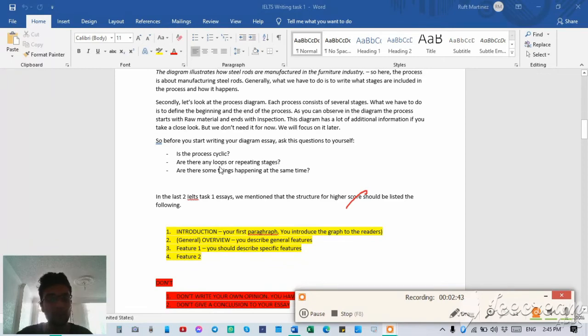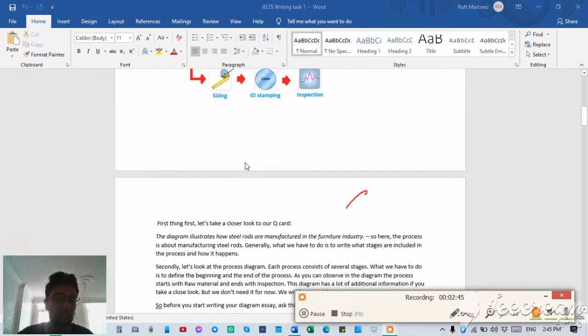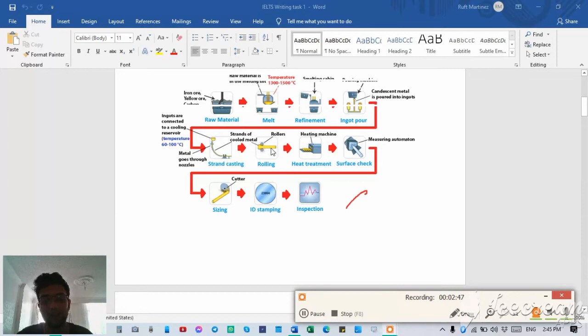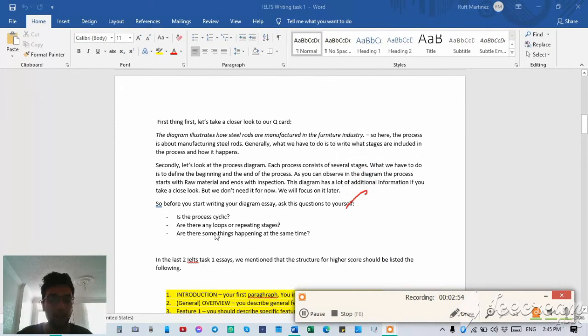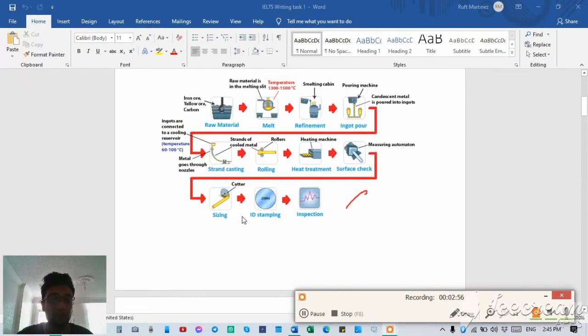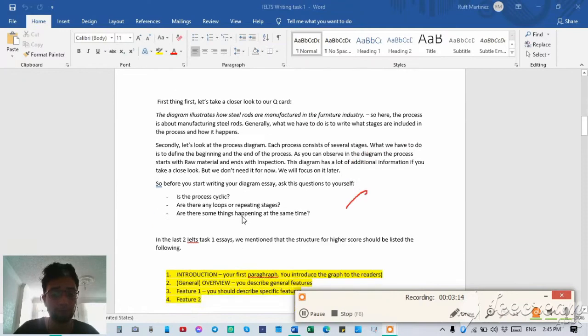So are there any loops or repeating stages, which means that one stage in the process happens a second time, and things happen at the same time? Ask these questions because these questions are clues. They are additional information that may help you to fill your sentences and to give full information about your process diagram.